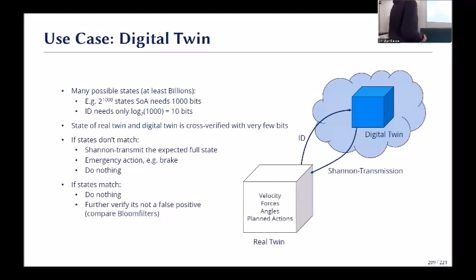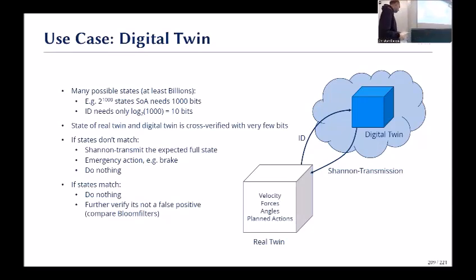Here's an example where we can use post-Shannon theory. For example, for a digital twin, we perhaps have it already in 5G, but perhaps we have a more advanced one in 6G, where we want to have a robot which can learn certain things, and we have to do some exchange between the real system and the digital twin.